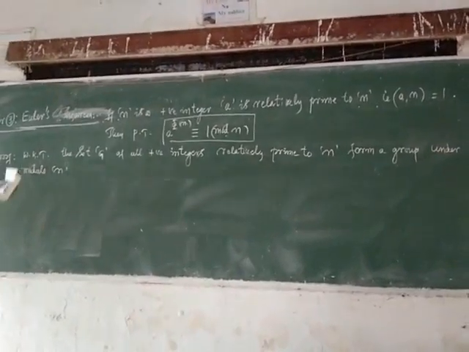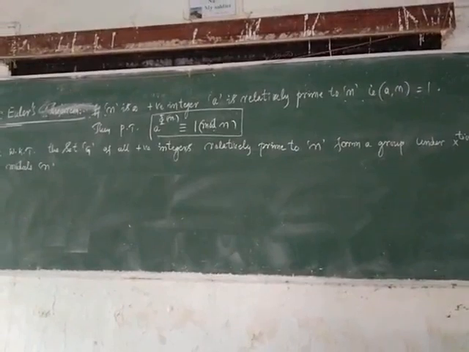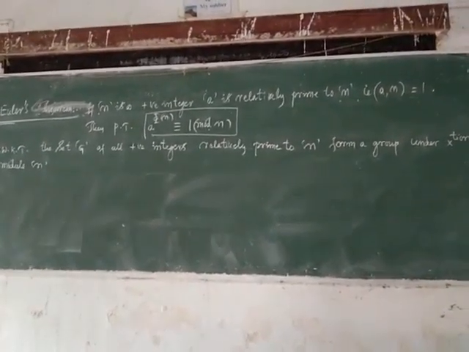This point you have to note here. The set G of all positive integers relatively prime to n form a group under multiplication modulo n.